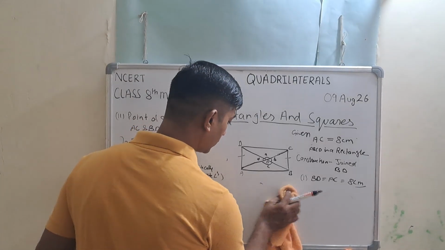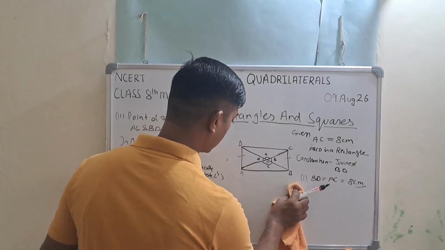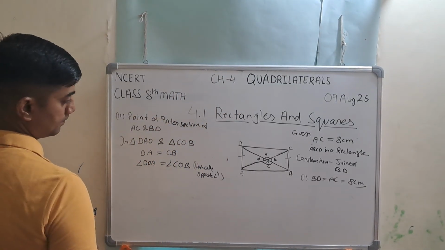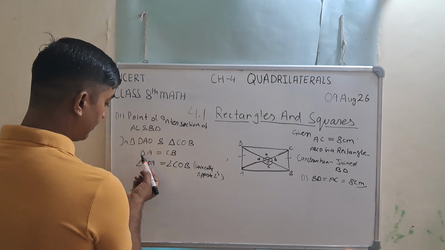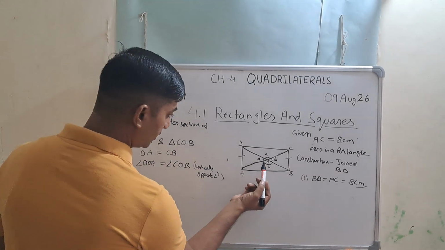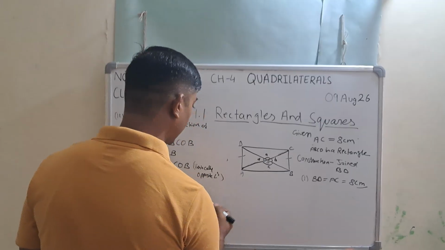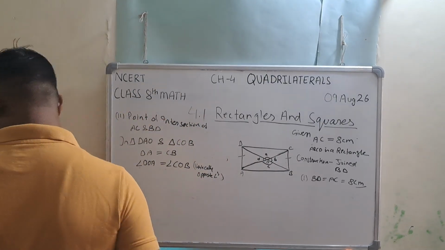Now we have two conditions met: this angle is equal, this angle is equal, and what is the third criterion to make the triangles congruent?